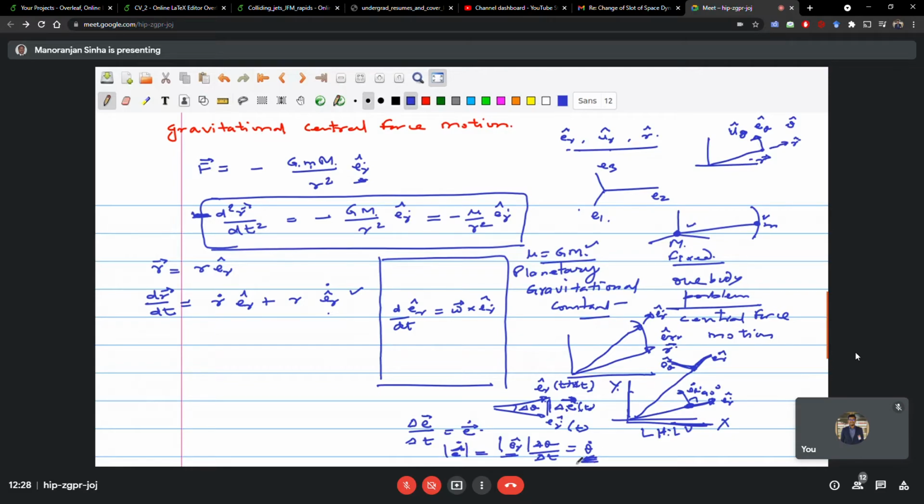But if you look into this in vector terms, the ER vector is here, and because the magnitude remains the same, the ER vector is here at time t plus delta t. So the delta E vector goes from this place to this place.